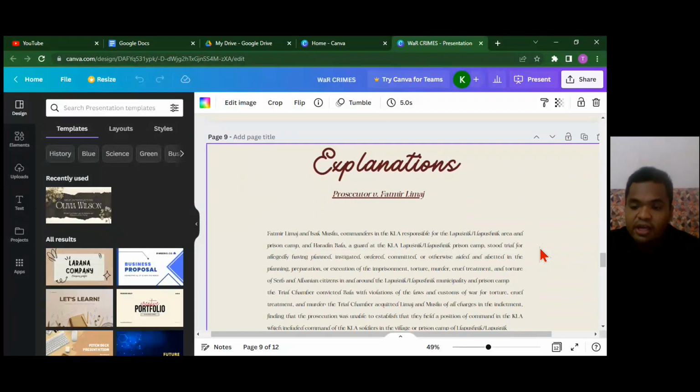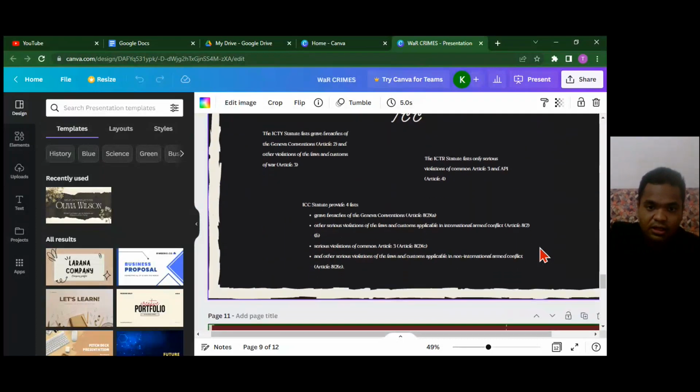It's really wide, as any action that violates the rules of war, the IHL, the international humanitarian law, can bring the individual who is responsible for the war crimes to the court. Okay.